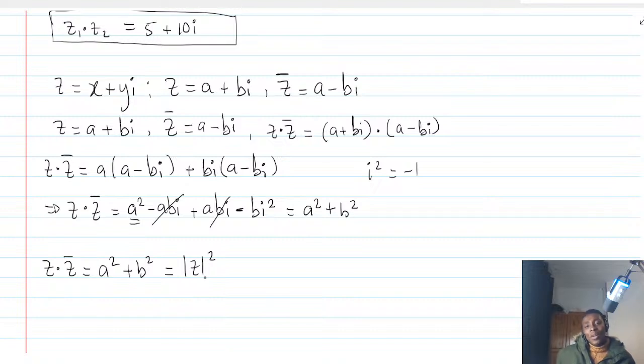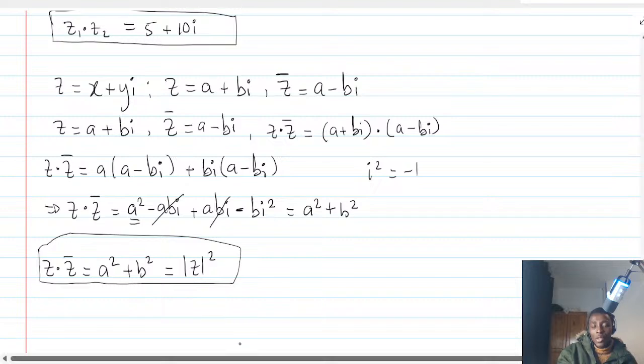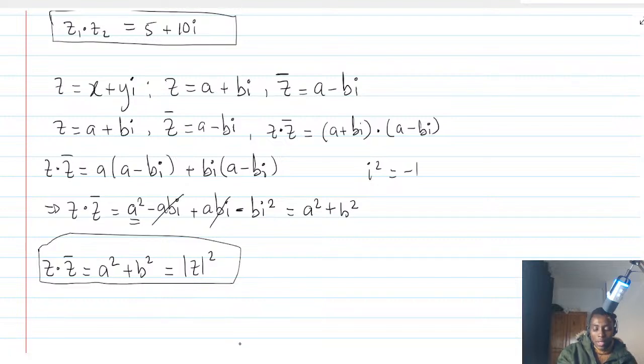So in simple terms, you have found the magnitude actually. Whenever you have the product of the conjugate and the complex number itself, you have got the magnitude.